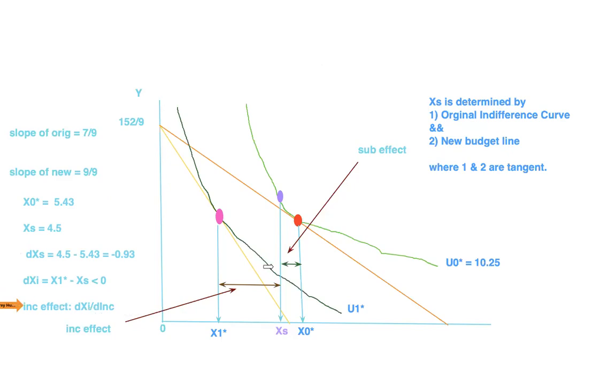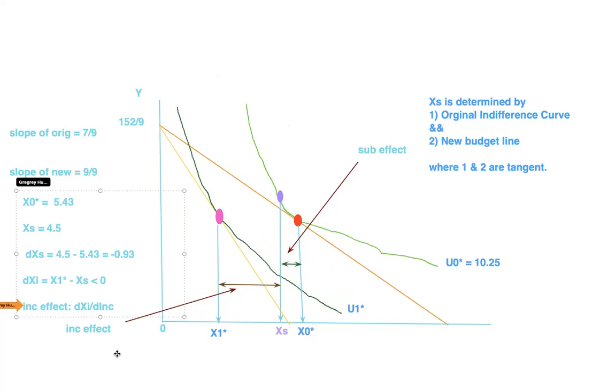The consumer has experienced a decrease in their income moving from this shifted budget line back to the new budget line. So it's going to be negative over negative, which is positive.